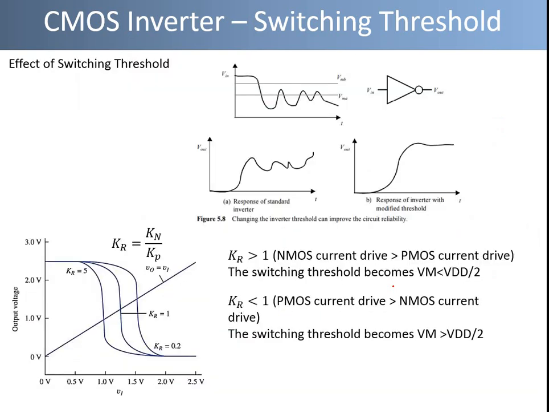Now let us see the effects of switching threshold on the operation of the inverter. Suppose we have an inverter and an input voltage which has some noise or fluctuation in the lower value, and we select the switching threshold exactly equal to half of VDD.